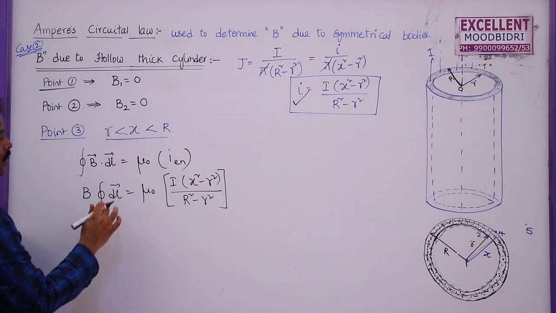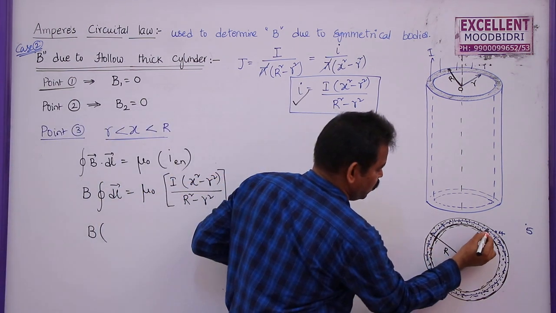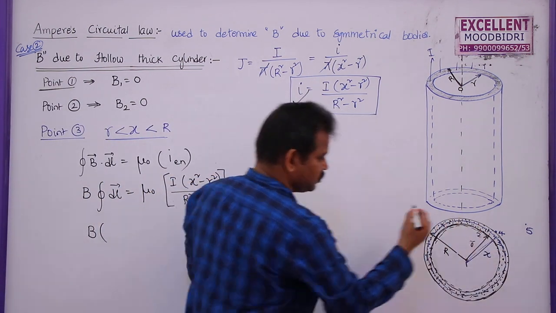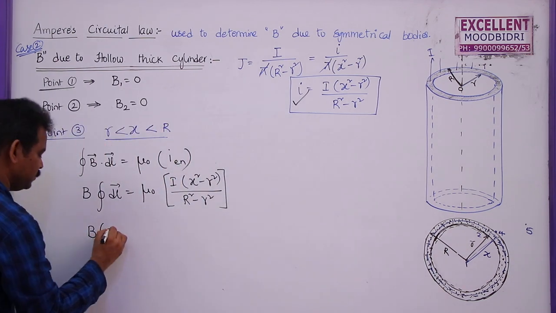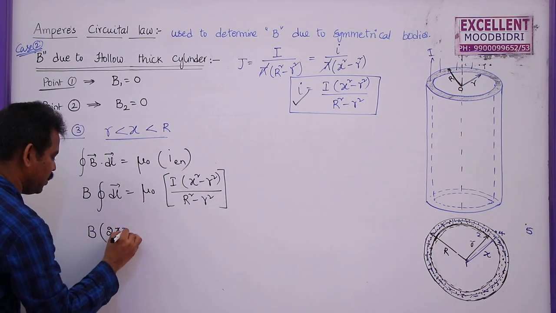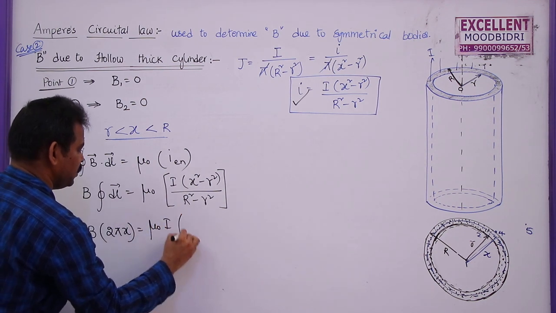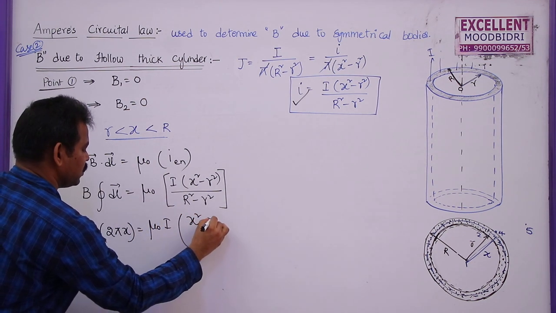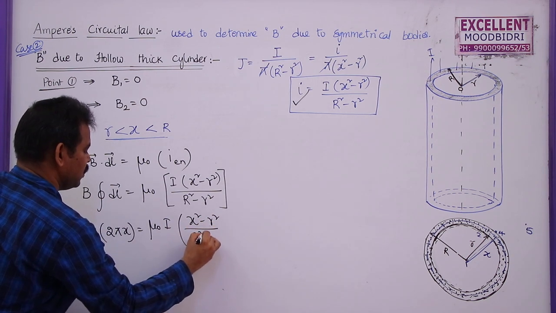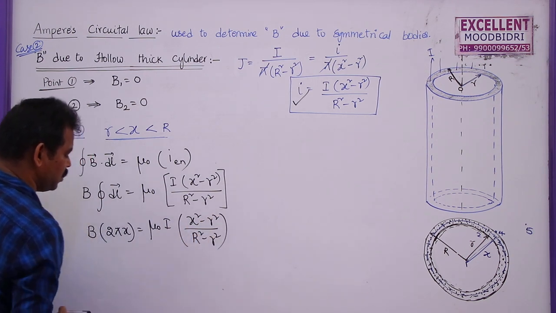What is the integral of dl? If you integrate this small portion, you will get 2 pi x. So B times 2 pi x is equal to mu naught I times (x squared minus r squared) by (capital R squared minus r squared).